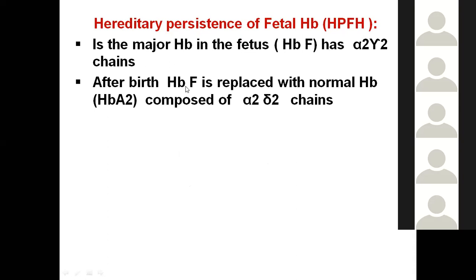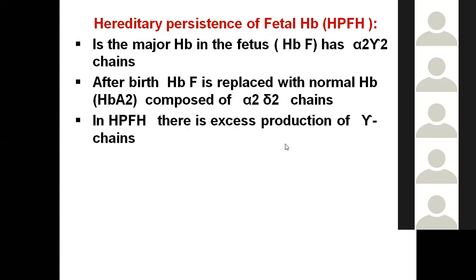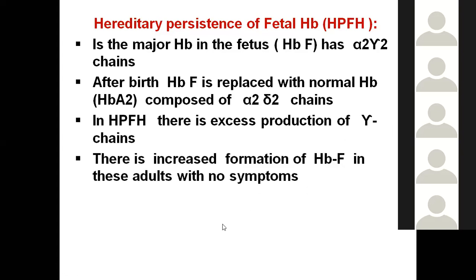But after birth, hemoglobin F, the fetal hemoglobin, is replaced with normal hemoglobin A2, composed of alpha 2 and delta 2 chains. Right? But in HPFH, hereditary persistence of fetal hemoglobin, there is excess production of gamma chain. There is increased formation of hemoglobin F in these adults with no symptoms.